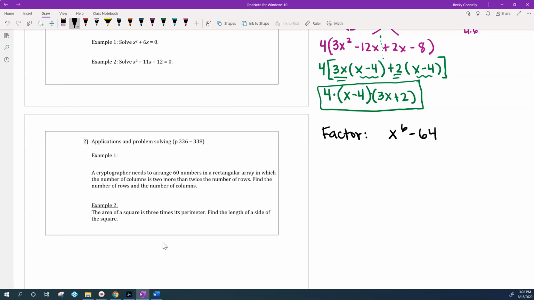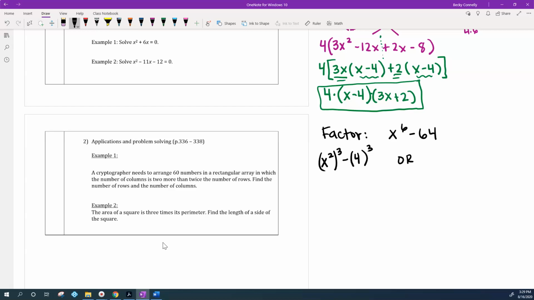I'm going to start off by thinking of x to the 6th, that first part there. Is this a difference of squares or a difference of cubes? The answer in this one is it actually could be either. I could write x squared all cubed, minus 4 cubed, so that's a difference of cubes.